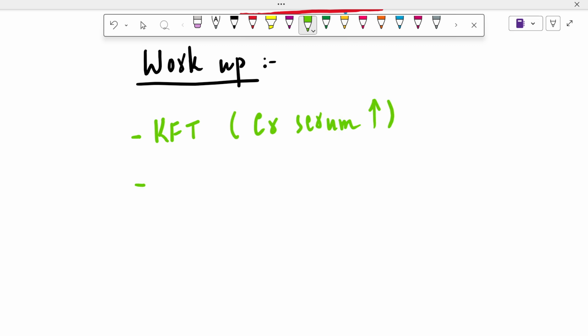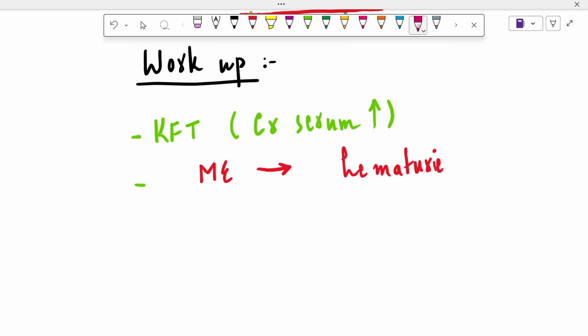The next is that urine microscopy, microscopic examination of the urine, will reveal hematuria. But is this hematuria macroscopic or microscopic? It's microscopic hematuria. Because in nephrotic syndrome, there is no glomerular basement membrane damage.